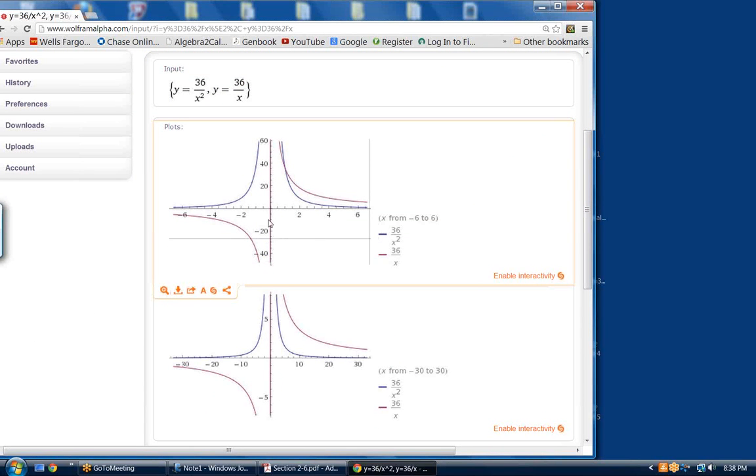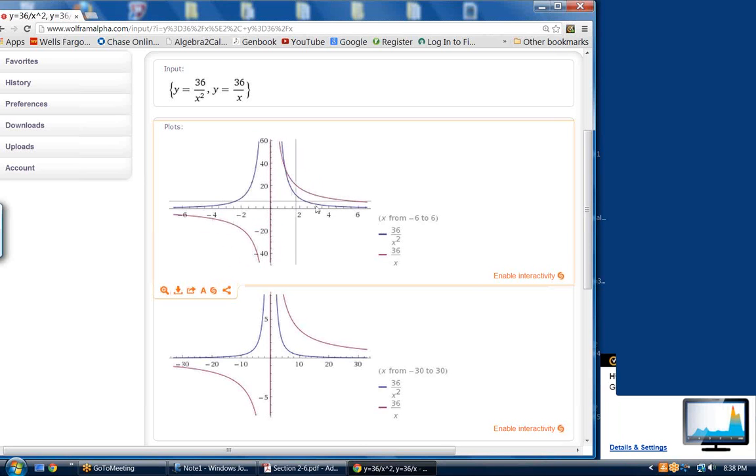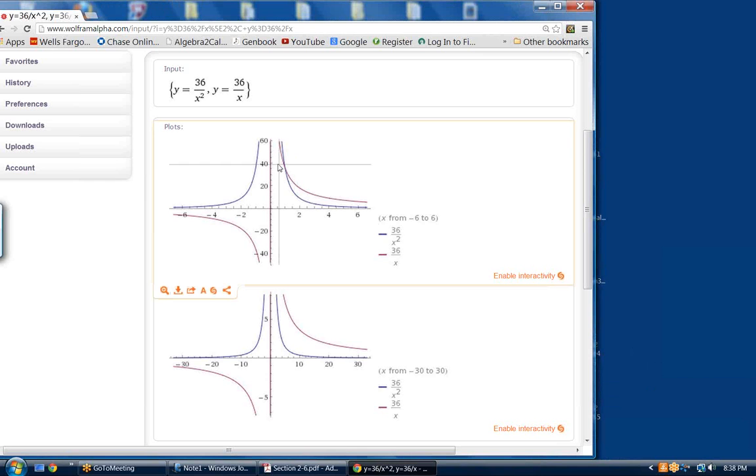Okay, the blue line is the x squared part. Those are in quadrants 1 and 2 because y can never be negative if it's 36 over x squared. And the purple part, notice the difference in the first quadrant between the blue and the purple.